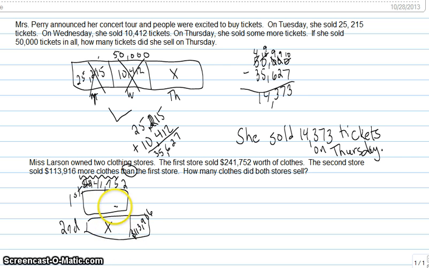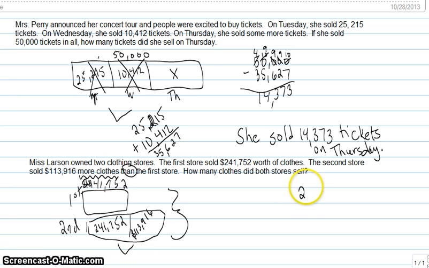I know that these are the same size, so I don't even need a variable there. I can actually just make this 241,752 because I know they had at least as much as the first store and more, so that's why I made it longer. Now I need to know how much they are altogether. So I could break it into two parts. I can add these two first to find out how much was in the second store.